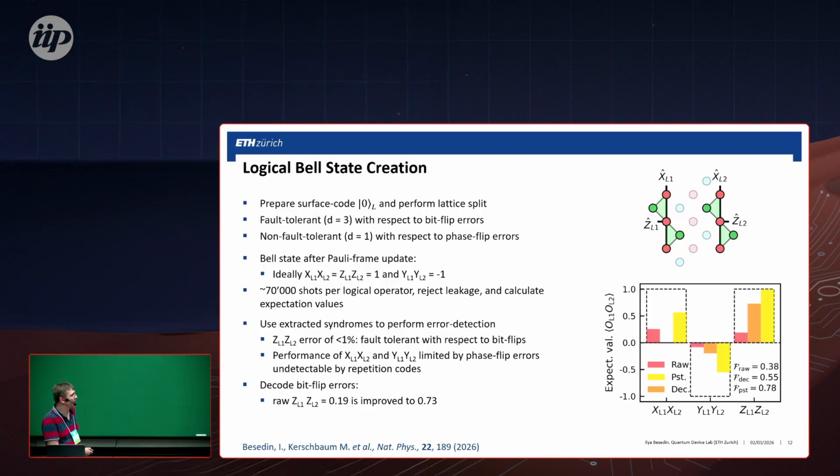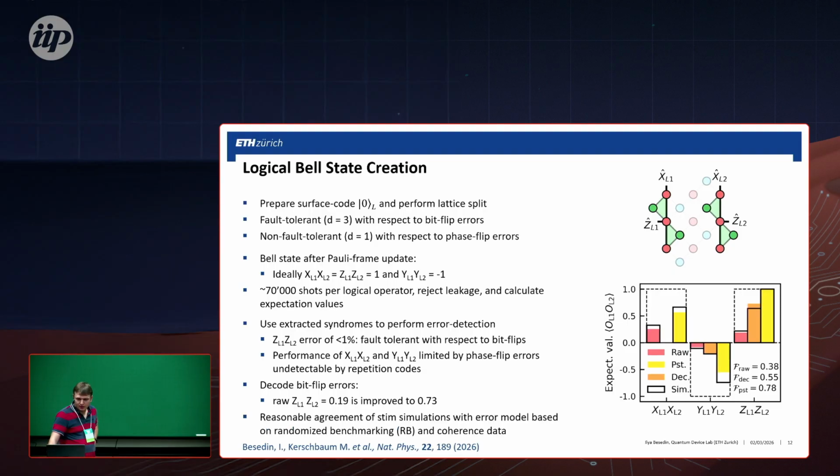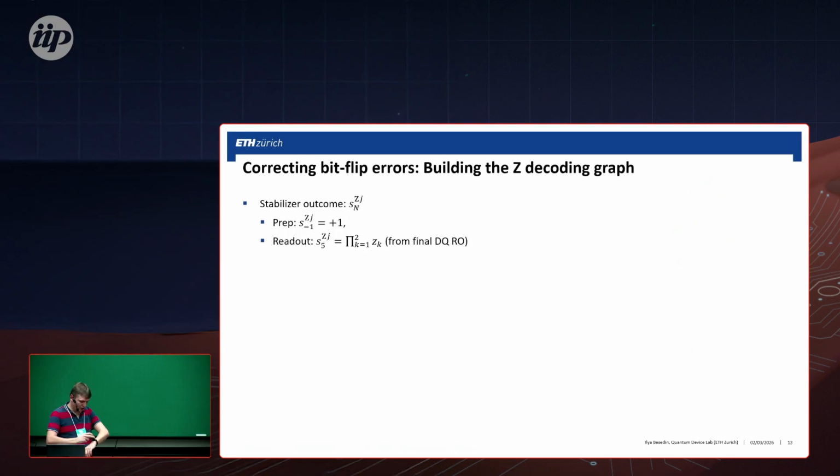And for the YY observable, it corrects for bit flip errors, so this gets a bit better, but not for phase flip errors, so it's still pretty bad. And if we do simulations based on STIM, the stabilizer circuit simulator, with the error levels I've shown in the first slide, then we get some reasonable model of the performance. Okay, I want to talk about decoding a bit.